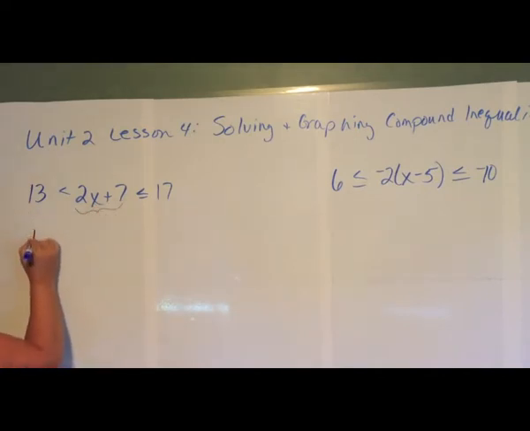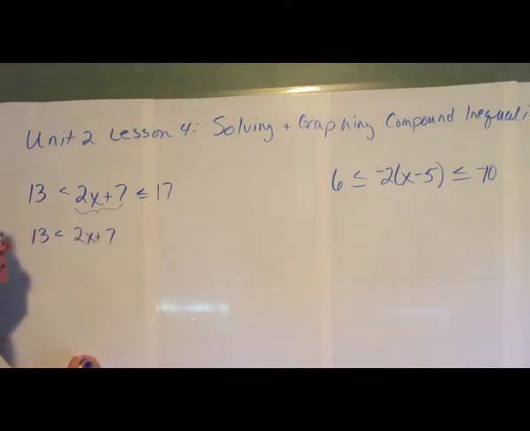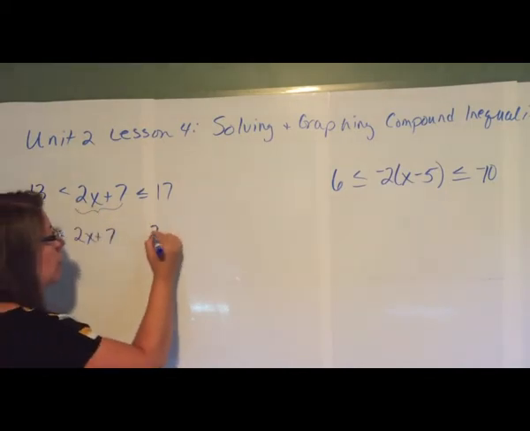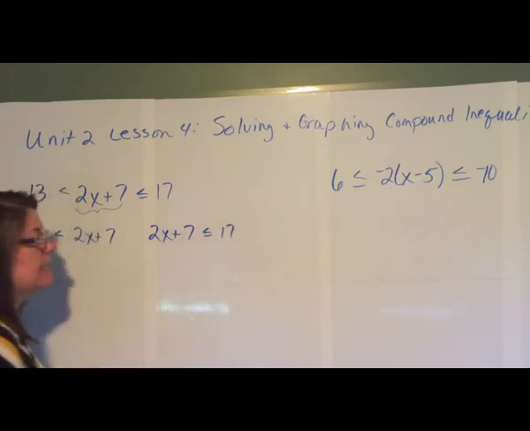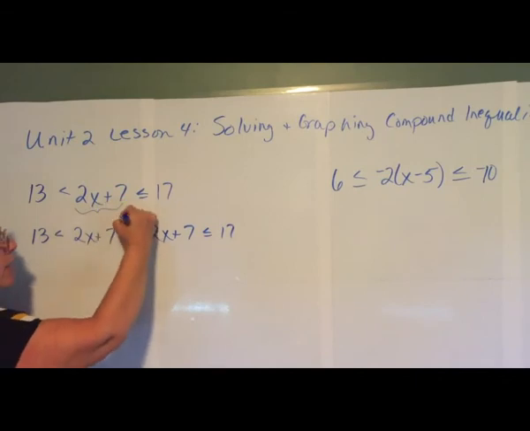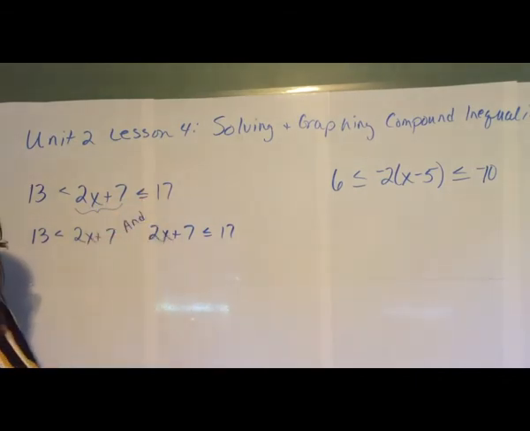So 13 is less than 2x plus 7 is one of our inequalities. And then that middle part, 2x plus 7 is less than or equal to 17, is the second inequality. And since they were all one big strand and there was no word in between, we know it's going to be an and.